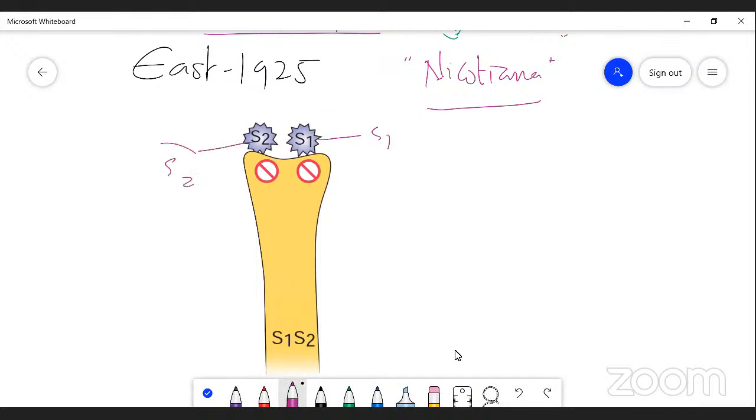These two male gametes are haploid, and when they land on the surface of the stigma, S1 and S2 do not germinate. That means there is no formation of a pollen tube, because the stigmatic region possesses S1 and S2, both in the homozygous condition.